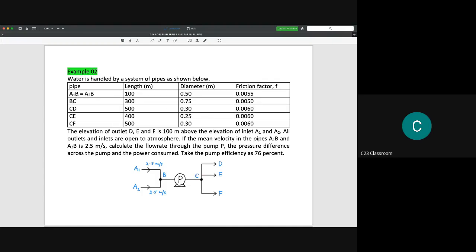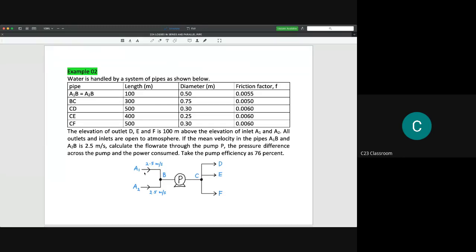So we have A1B, A2B, the length is 100 meters, and the diameter is 0.5, and another parameter is listed here. The elevation of outlets D, E, and F is 100 meters above the elevation of inlets A1 and A2.